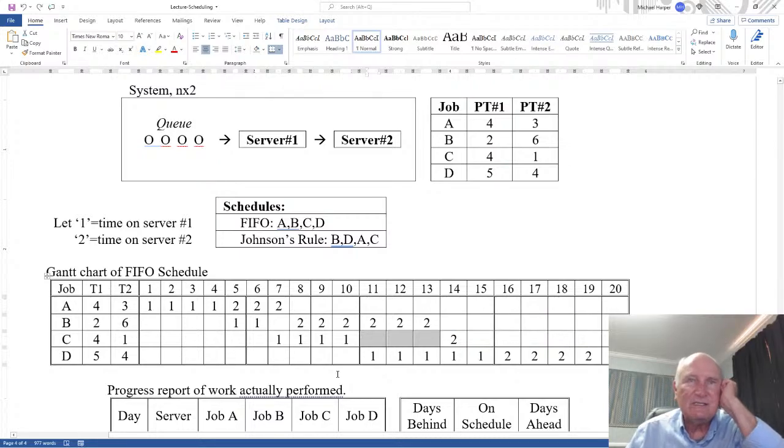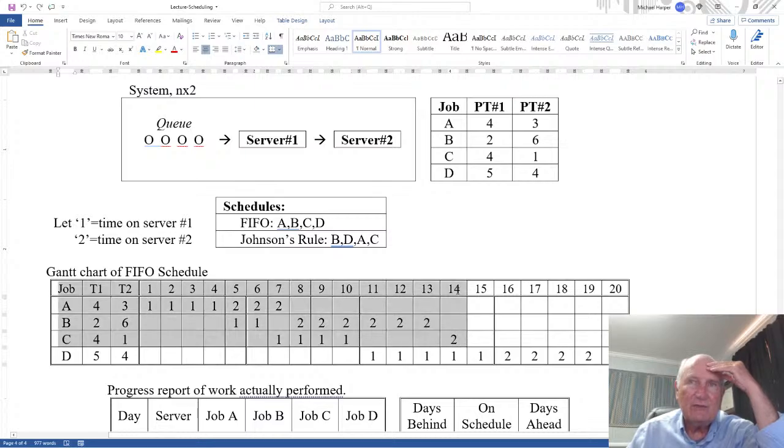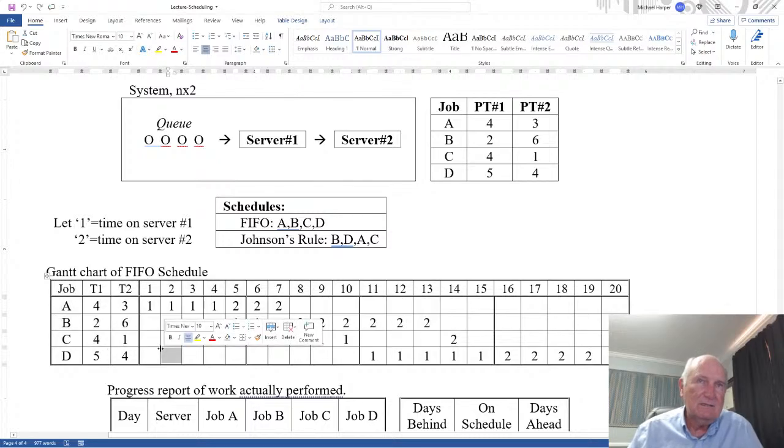So now C spends 3 days in a queue in front of server 2 until server 2 is available, and then the processing time is 1 day, so it spends 1 day, and then the flow time is 14. So if the flow time is 14, and here the processing time is 4 plus 1 is 5, then what does the queue time have to be? 14 minus 5 is 9. And we could see here this is 6 plus 3 is 9.